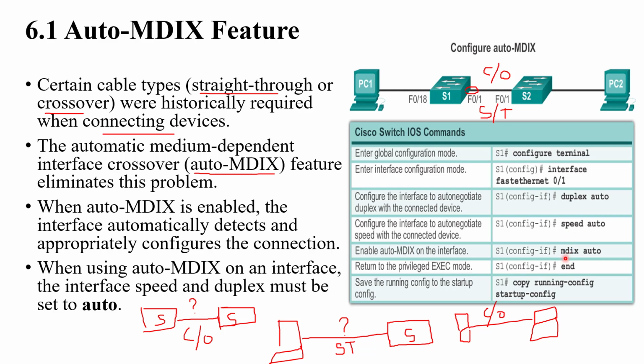Now I'm going to use MDIX, automatic medium dependent interface crossover. I make it auto. If I make it auto, you can use a straight through cable here. There is no problem, and automatically it will work.